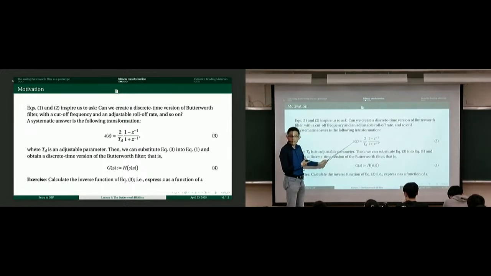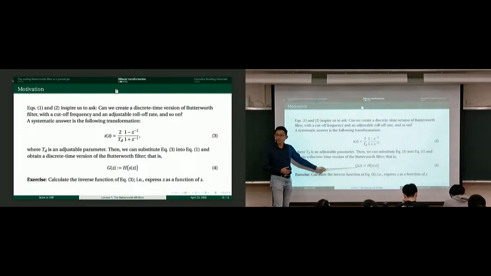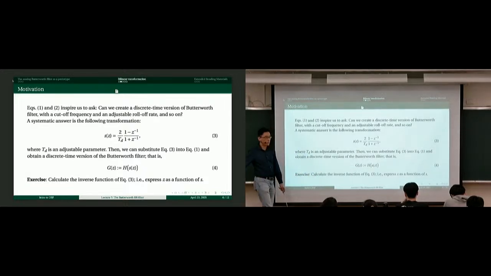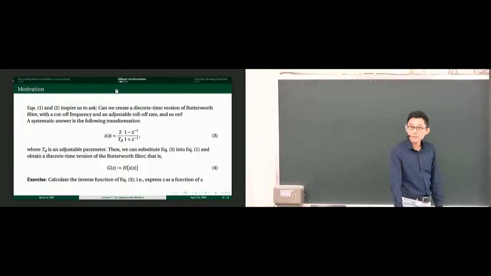Rewrite S as a function of Z. Is that clear? Whenever you see S, rewrite S as a function of Z, and the result will become a function of Z. This composite function, let's call it G. We argue that G is already a design.